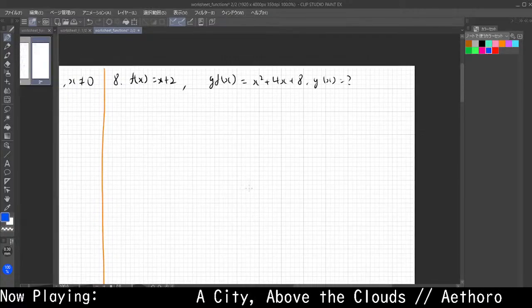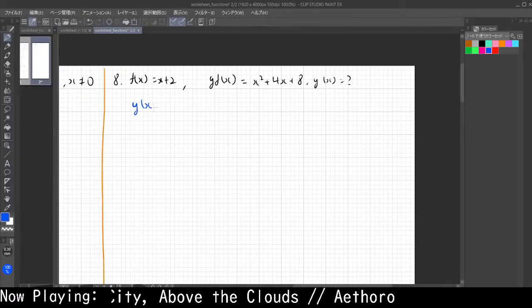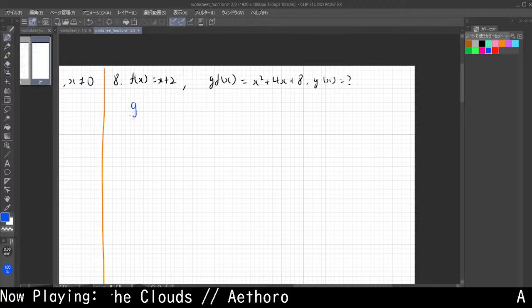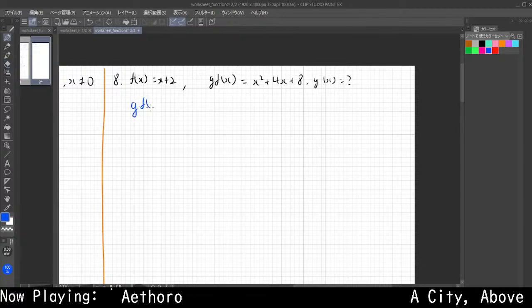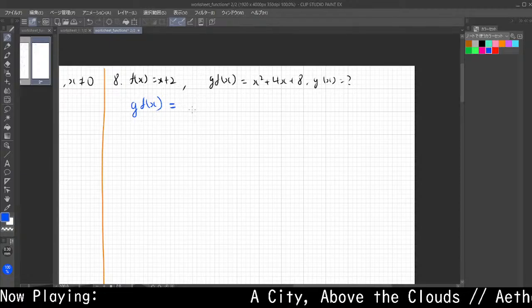So let's do this. If you still remember, oh no, you might not remember anymore, but let me just do it. g(f) is f substituted into g. We do not know what g is, we only know what f is.